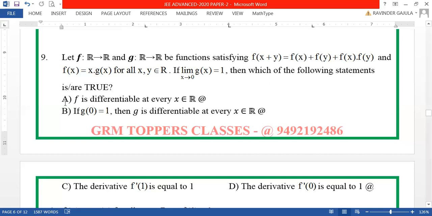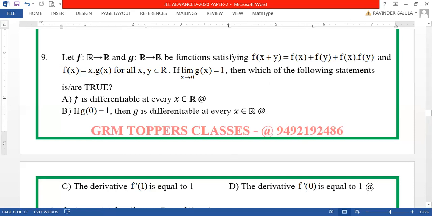Now here option A is f is differentiable at every point. If g of 0 equal to 1, then g is differentiable at every x belongs to R. The derivative f dash 1 is equal to 1. The derivative f dash 0 is equal to 1. So we have to answer these.